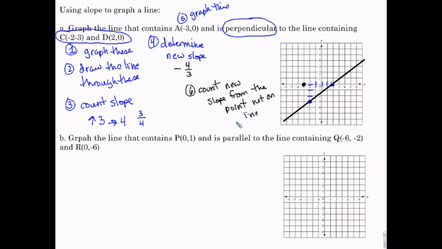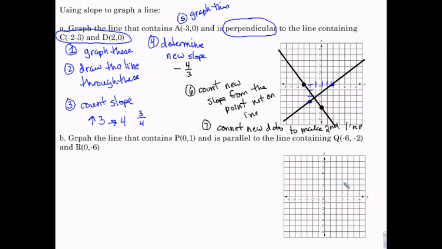So from point A, I'm going to count the new slope. So I'm going to go down 4, 1, 2, 3, 4, and then over 3, 1, 2, 3. And then finally, connect the new dots. So then I'll come in and I'll connect these dots. And I have a perpendicular line.